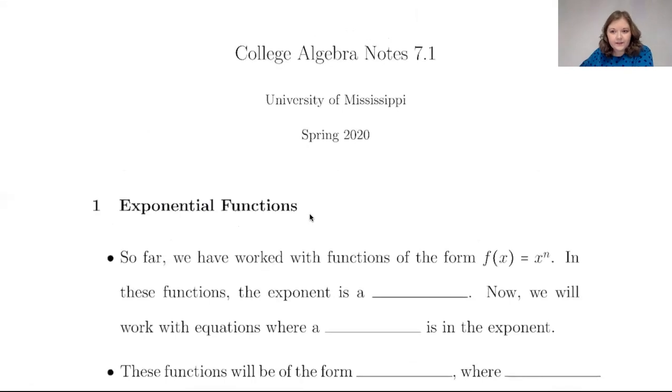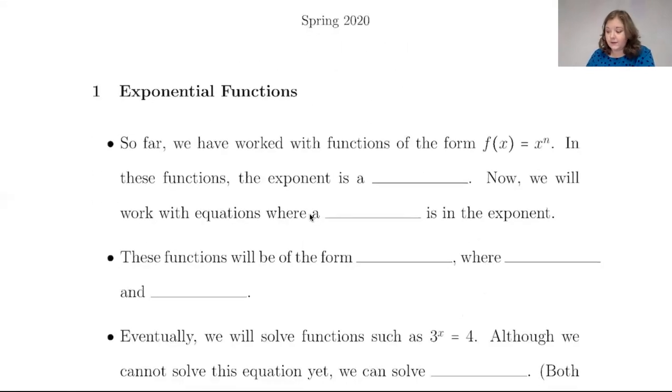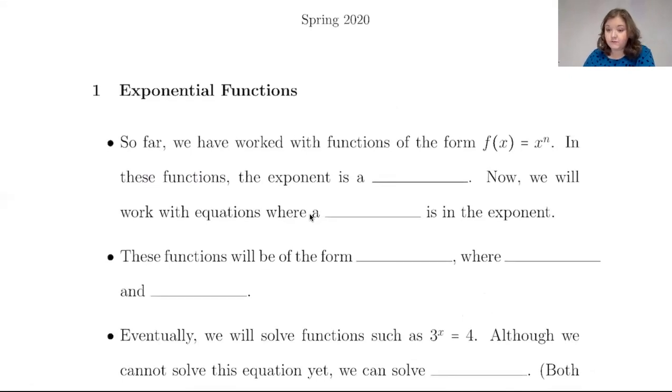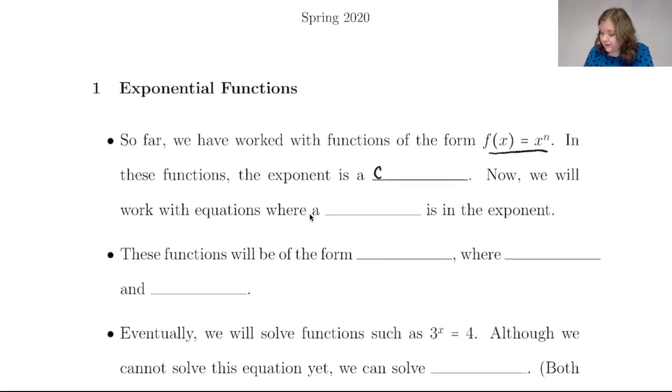So we'll be doing something a little bit different that we haven't done before, and that'll be exponential functions. So far, all of our functions have been mostly polynomials and rational functions, which are built out of polynomials. They're fractions with polynomials in them. But the polynomial form has things like x to the n, or x to the fourth, x to the third, where all the exponents are constant numbers.